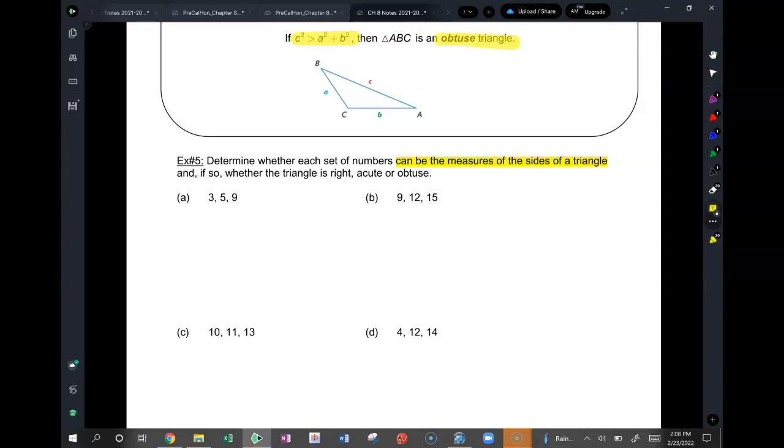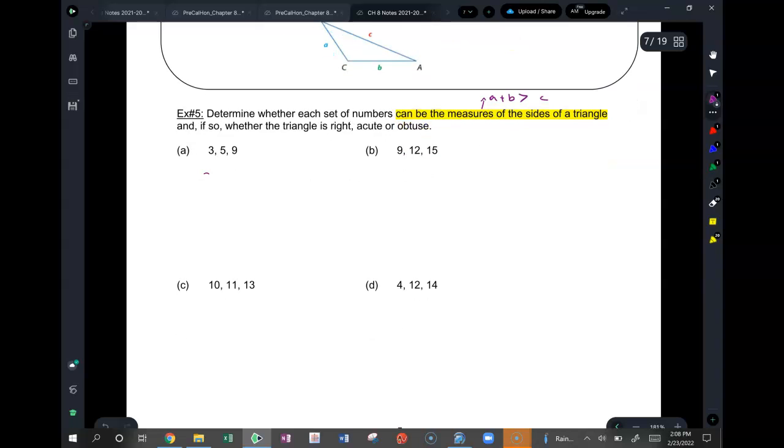How did we tell, given three sides, if they were sides of a triangle? The two smaller sides together must be bigger than the largest side. Correct. So this means a plus b must be greater than c. So for this one, 3 plus 5 is less than 9, so it's not even a triangle.